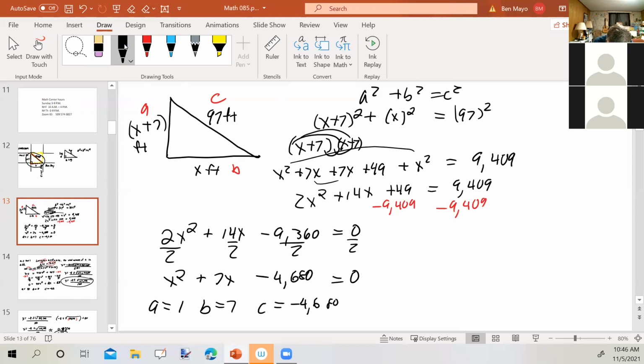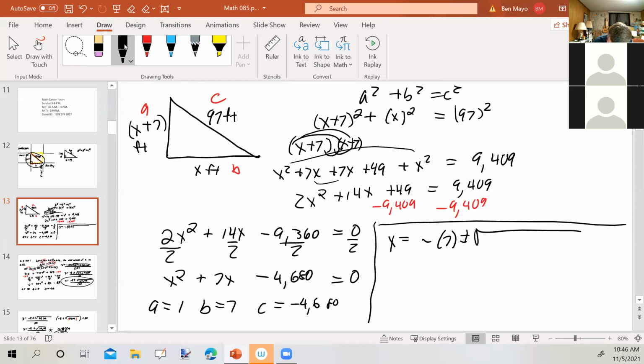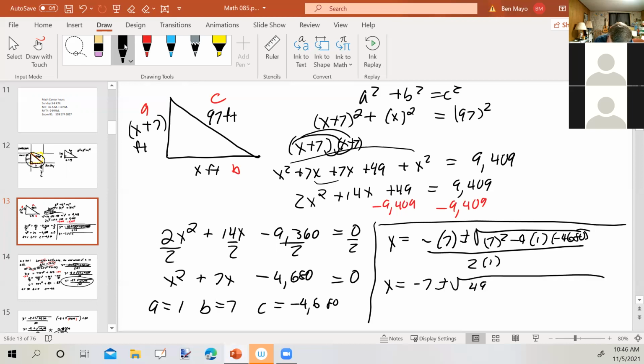So we get x equals negative b plus or minus the square root of b squared minus 4ac, all over 2a. X equals negative 7 plus or minus the square root of 49.